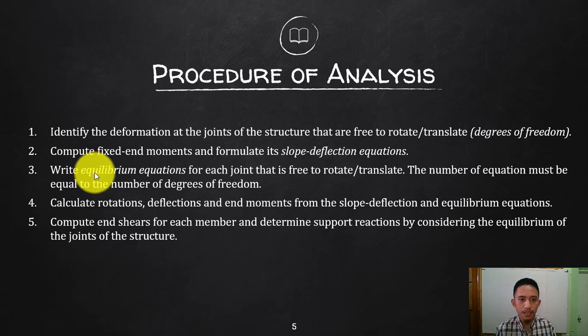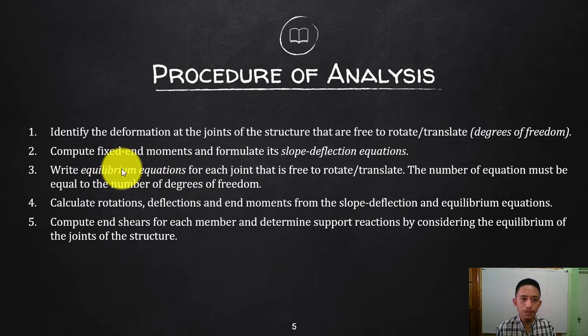So again, we will create an equilibrium equation out of each rotation. If there are 2 unknown rotations, then we will have 2 equilibrium equations out of that. And if there is a translation, or 2 or 3, then that will also be the number of equilibrium equations with that. Summating all of that, the total number of degrees of freedom should be equal to the total number of equilibrium equations.